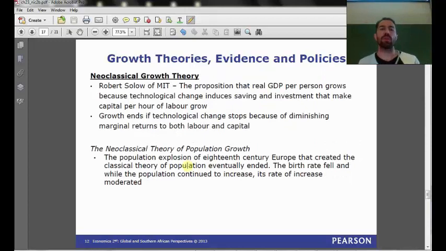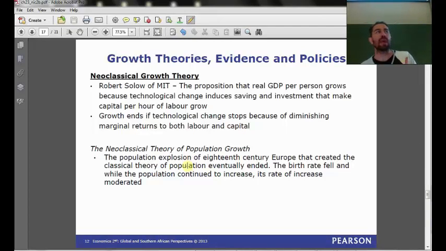Then we had something called Neoclassical Growth Theory, associated primarily with this gentleman, Robert Solow. And this was in around the 50s, or maybe it started a bit earlier than the 50s, but reaches its zenith, I guess, in the 50s. The proposition that real GDP per person grows because technological change induces savings and, importantly, investment.